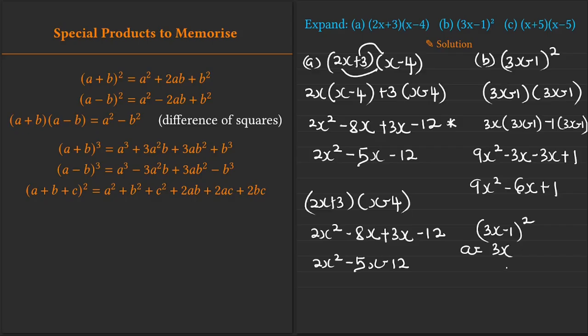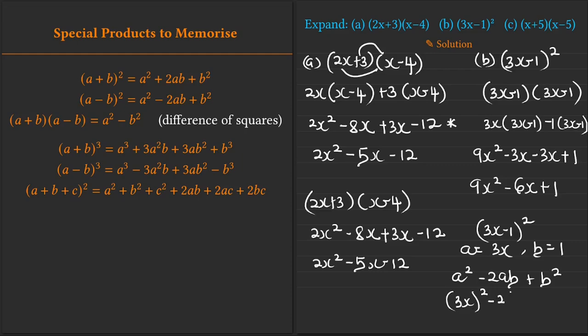The 3x. You see? And then our b is simply 1. So using this for our substitution, that is a squared minus 2ab plus b squared. Then we are going to write our a squared. This is our a, so we are supposed to square it.